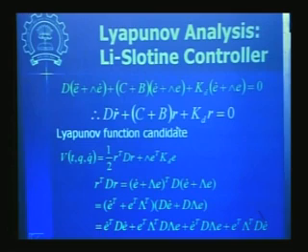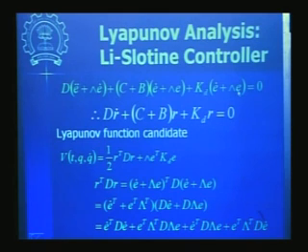This R is e dot plus lambda e. Okay, so this is the form of an equation which we have to analyze for asymptotic stability with the error dynamics. R is basically representing the error dynamics. It has both the error derivative and the actual error, e and e dot.